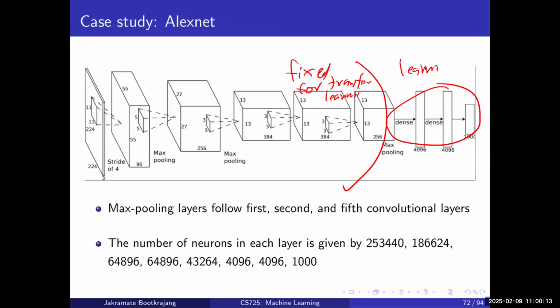So if you look at the recent paper for image classification, they will tell you how they construct this part. Because this part, they will use the existing pre-trained convolutional layers from maybe AlexNet or ImageNet or other networks that people already trained for you, and they will only change this part. So they will explain how the later part is constructed.